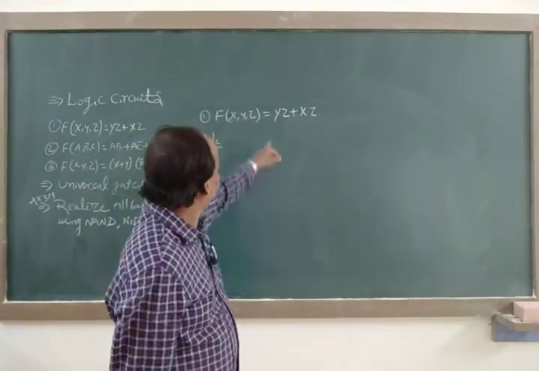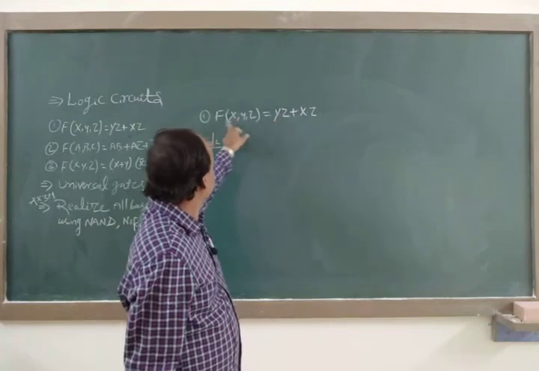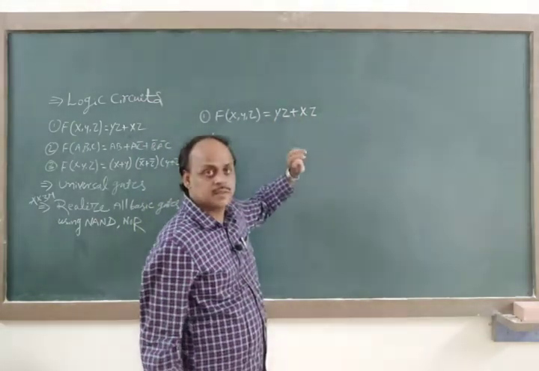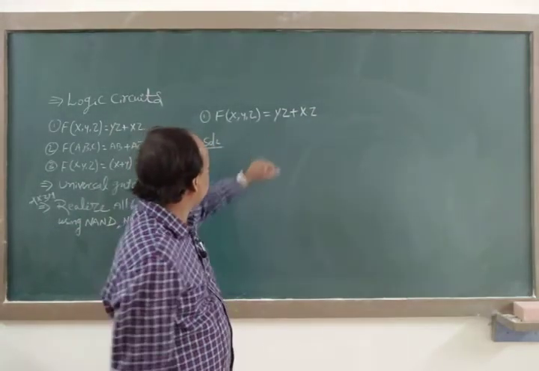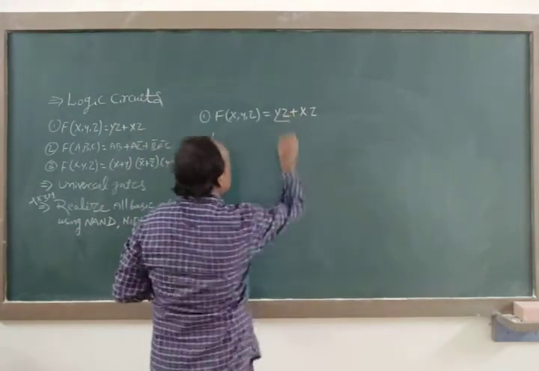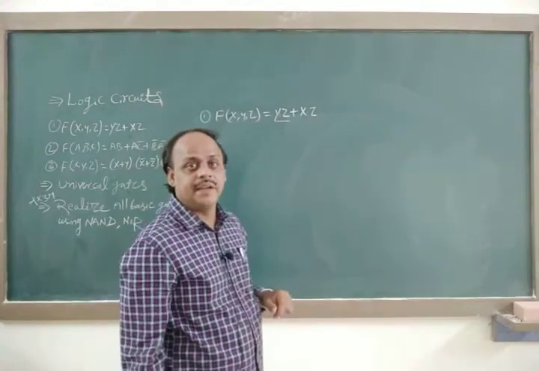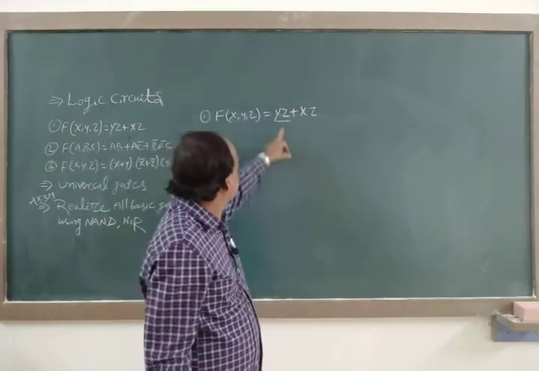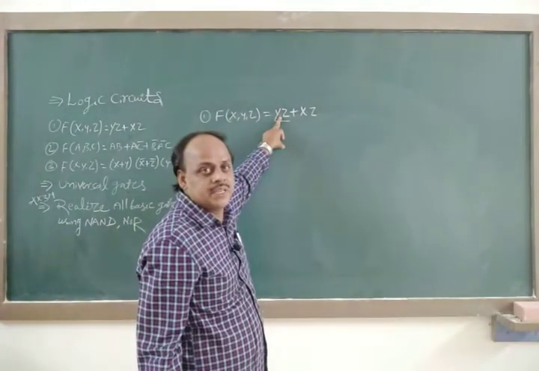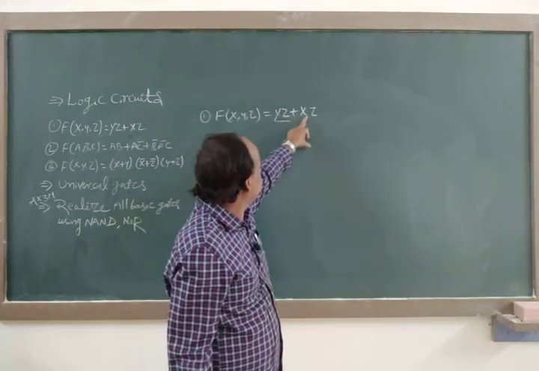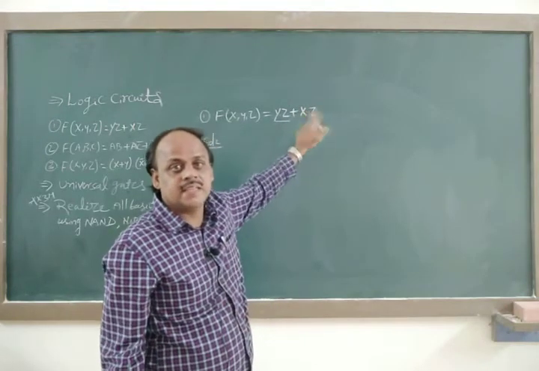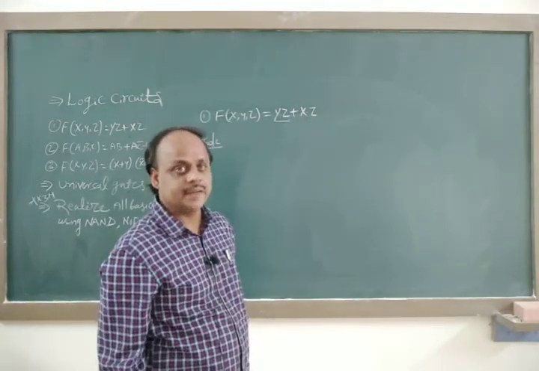See here, what is there? F of x comma y comma z equal to y into z plus x into z. Observe the first term y into z. This first term indicates logical AND gate because the dot, the AND operation, is there, and in the second term also x into z is there, which also indicates an AND gate.